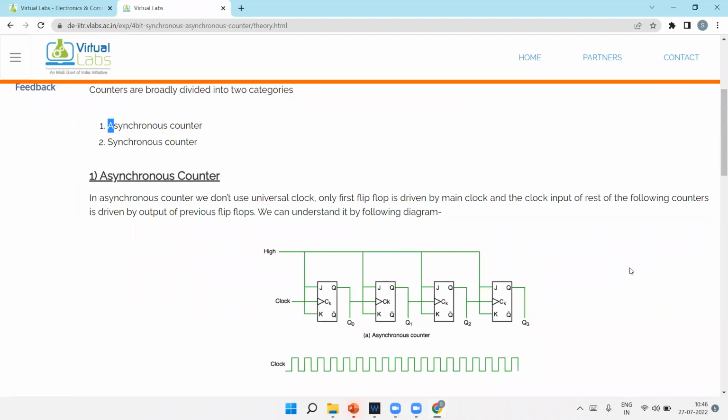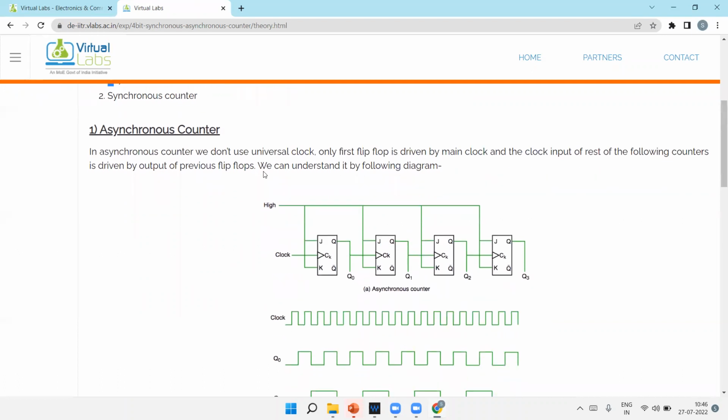This is the example for a 4-bit asynchronous counter. The output of the third flip-flop behaves like a clock for the fourth flip-flop. So we are not providing a universal clock to every flip-flop at the same time. We are providing the clock for the first stage, and the outputs of the stages behave like a clock for the next stage. That is the asynchronous counter.